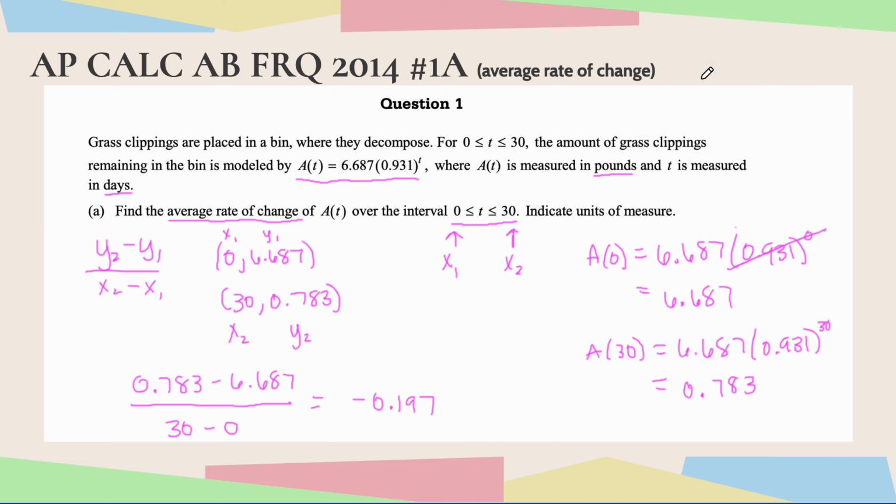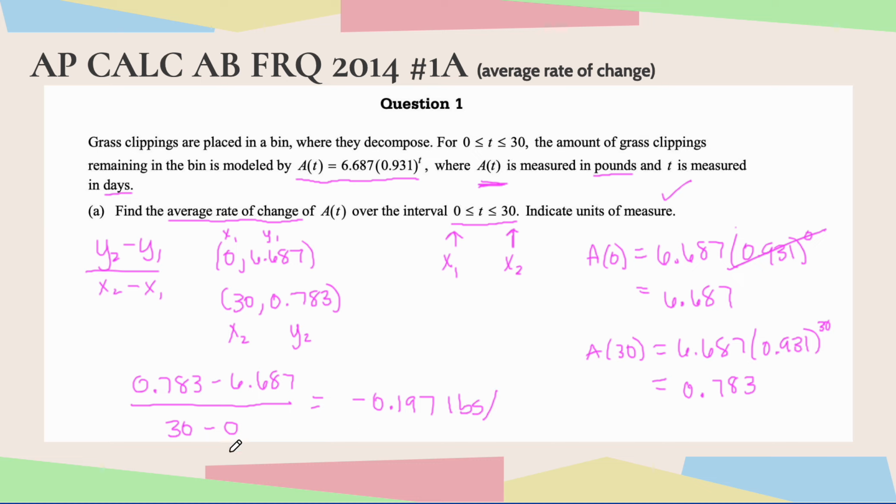And now, of course, we have to address our units, right? In order to do that, I can really just think of what the units of my y value were. Those were in my numerator. Those are my output values, or my A of t values, which were measured in pounds. So I'm going to start with that.